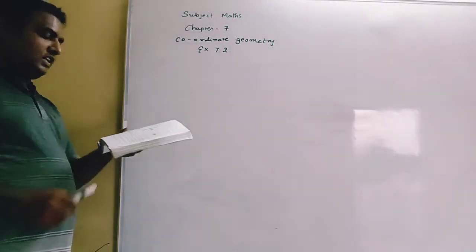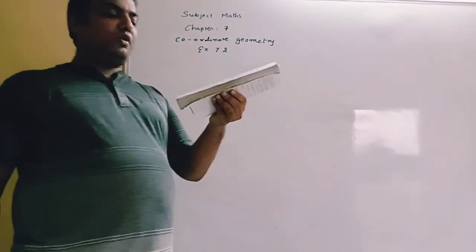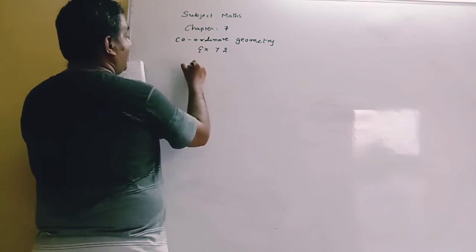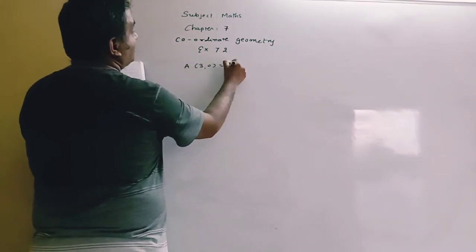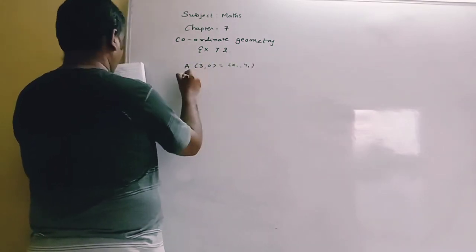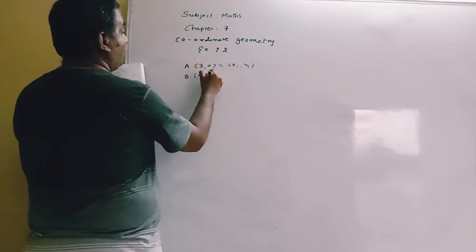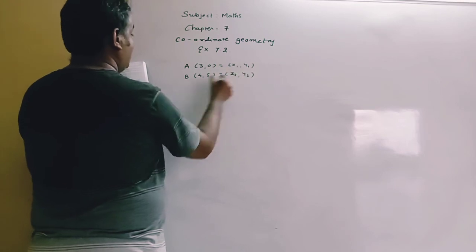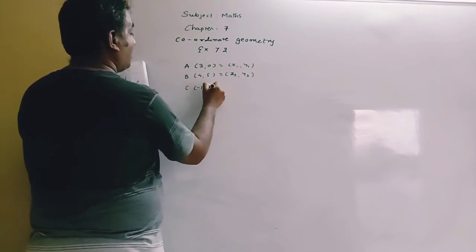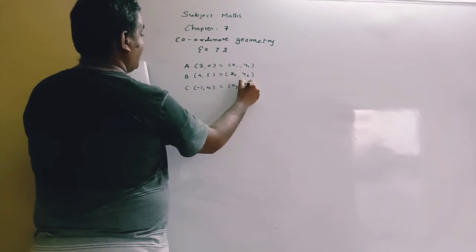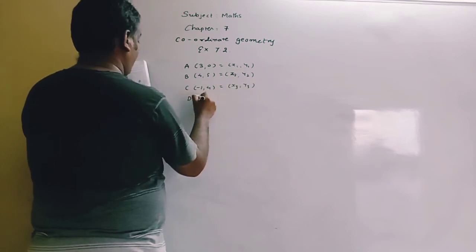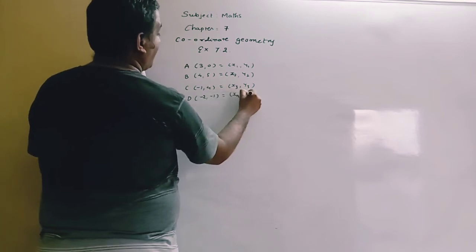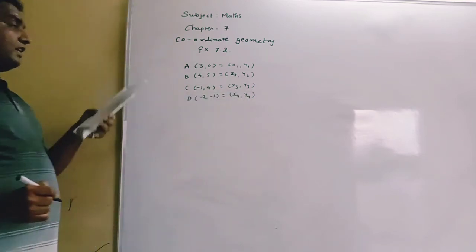We have question 10. Find the area of the rhombus if its vertices are A(3, 0) equal to (x1, y1), B(4, 5) equal to (x2, y2), C(minus 1, 4) equal to (x3, y3), and D(minus 2, minus 1) equal to (x4, y4), taken in order.